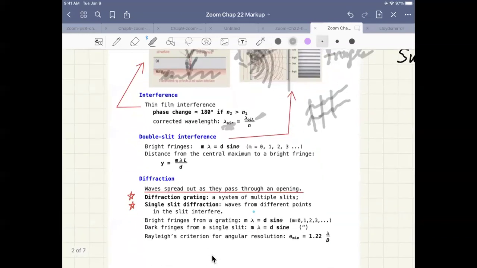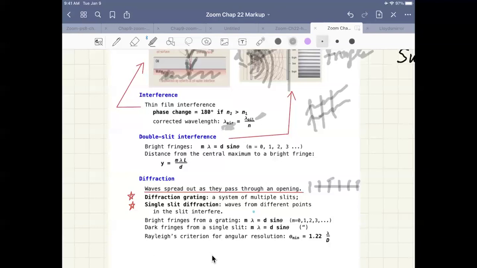Diffraction is another part of the chapter. Waves spread out as they pass through an opening. So you can have diffraction gratings where you have many openings for light to go through, and light from all those many openings will spread out, overlap, and interfere, giving you some directions where you have bright fringes of light, and in between the bright fringes, you'll have dark fringes of light.